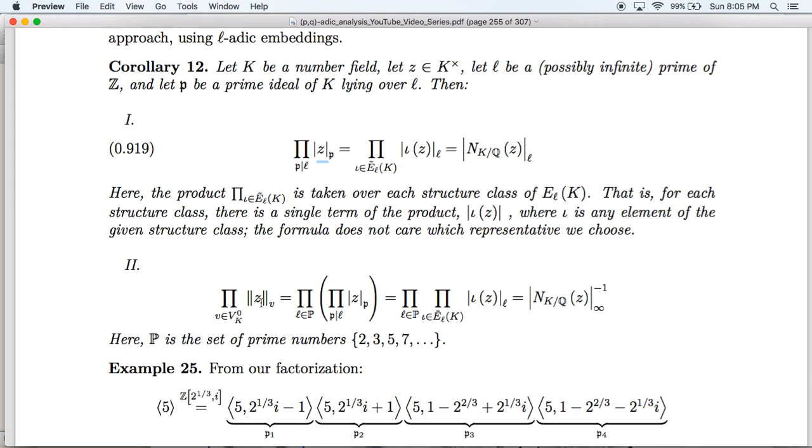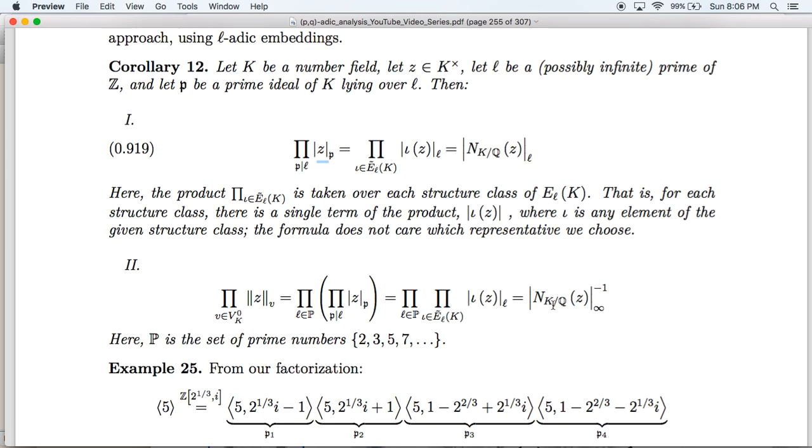The product of the v-adic normalized absolute value of Z over all the finite places of K is going to be equal to the product over all prime numbers L of the L-adic absolute value of iota of Z, where iota is an embedding in one of the structure classes of L-adic embeddings of K, and we have one iota for each embedding.